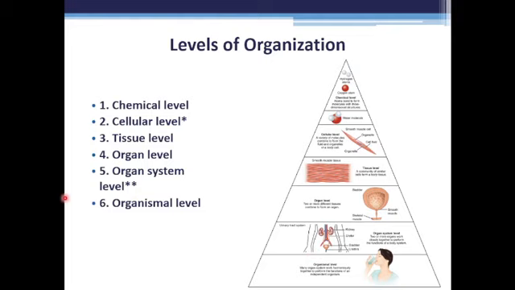Many organ systems work together and they form an organism. So that's us now, right? That's us. So this is the highest level, the total of all structures working together to promote the stability of our body, what we call homeostasis.